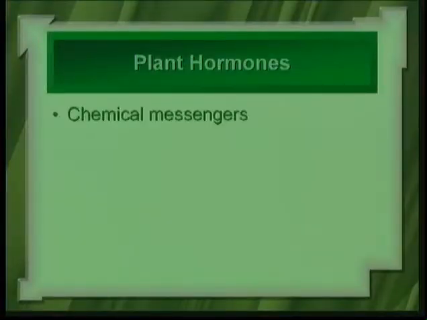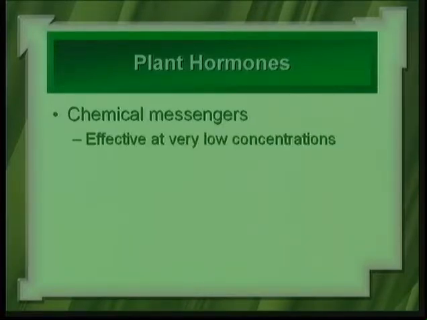Okay, now what we're going to talk about next is chemical messengers, right? These chemical messengers are often known as plant hormones. What do they do? For one thing, a characteristic of a hormone, just like in our own bodies, is that generally hormones are effective at very, very low concentrations, usually parts per million or parts per billion.